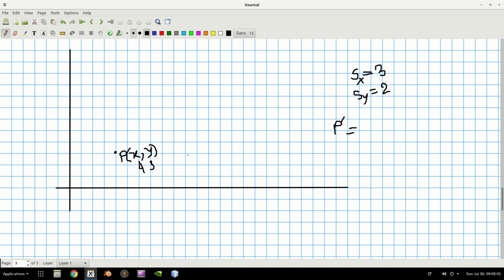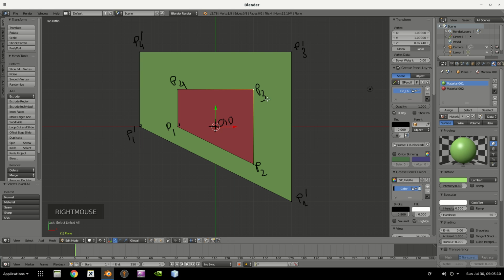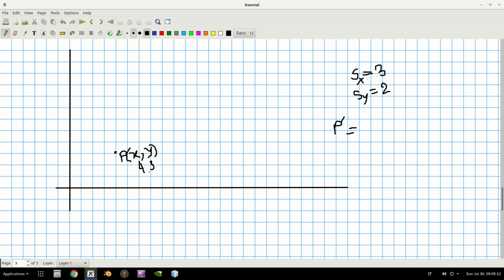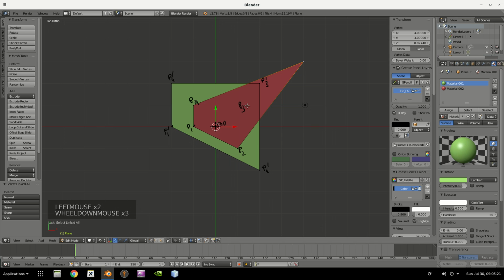What's that? (12, 6). (12, 6) is the correct answer, yes. When you scale, we can show this: let us put this point at (4, 3), so we'll track this one.